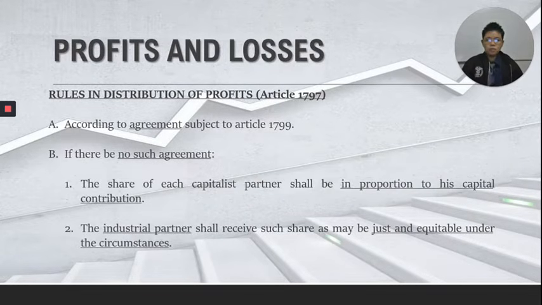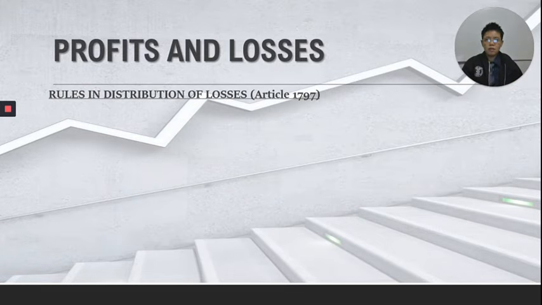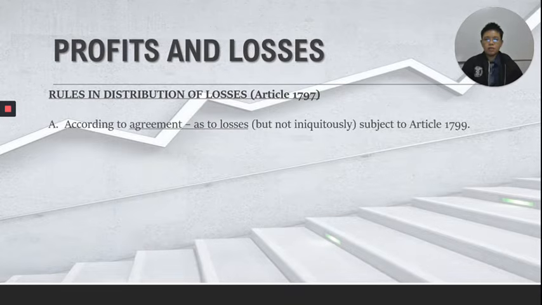We will discuss more of that when we have our class on Saturday with examples. Doon na lang siguro para mas madali. So, anyway, also, losses naman is distributed in accordance with the rules in 1797 also. So, pagka losses, remember that, tignan muna natin, meron ba silang loss sharing agreement?